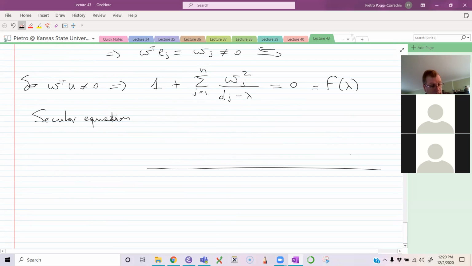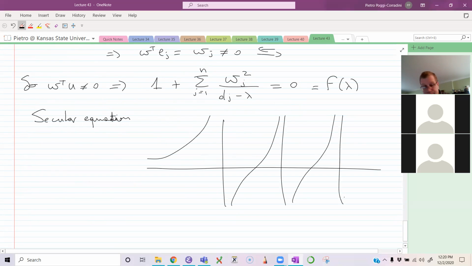So it's going to look something like this. Some asymptotes. All right. The asymptotes are the values of d_1, d_2, d_3, etc., right? Because when lambda equals d_j, this blows up. And the solutions to this equation are these roots.